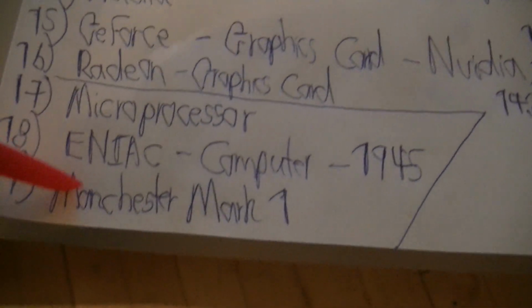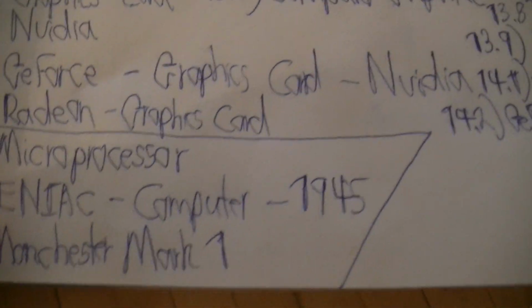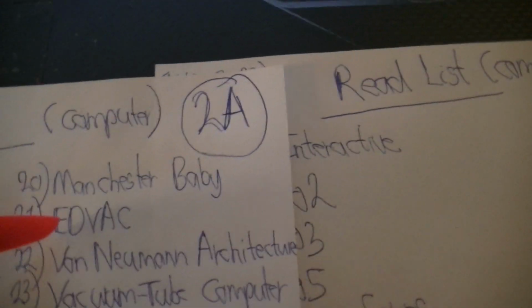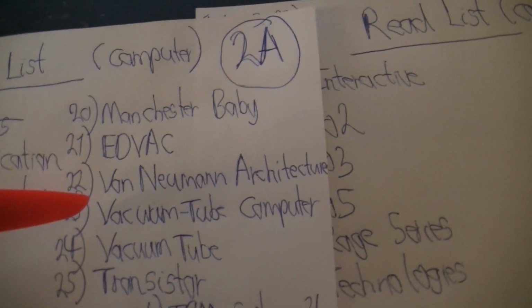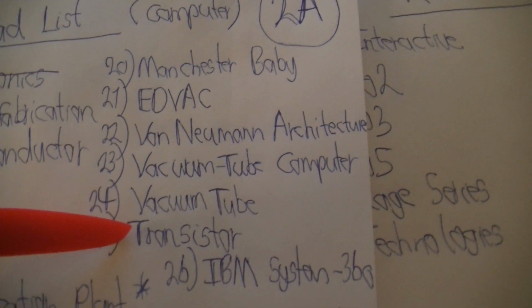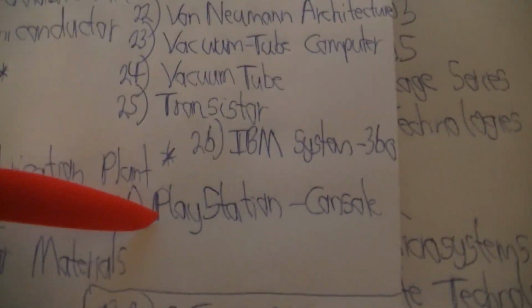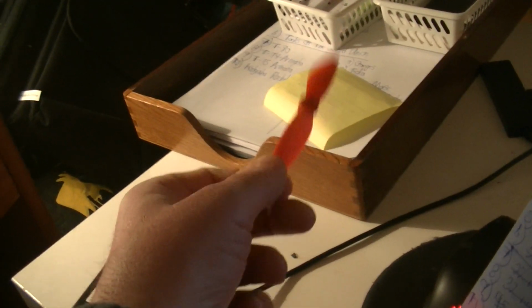ENIAC computers, old computers, Manchester, von Neumann, vacuum tubes, transistors, but some I have on my original. I have many original PDFs, so that's just some more. We have to continue the nanometers. Got to 45 nanometers, need to read 65 and 90 is open.